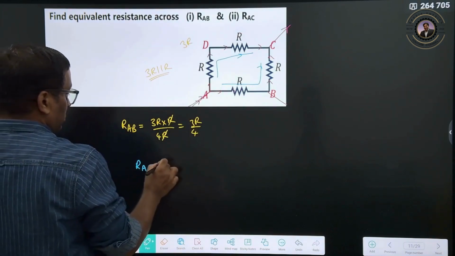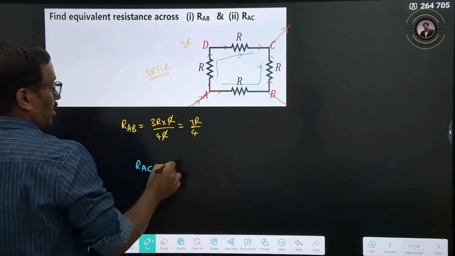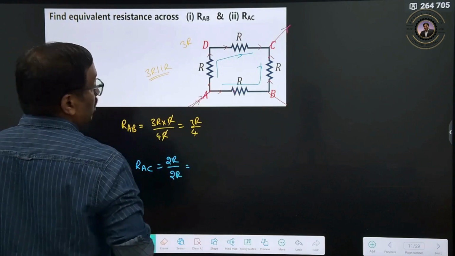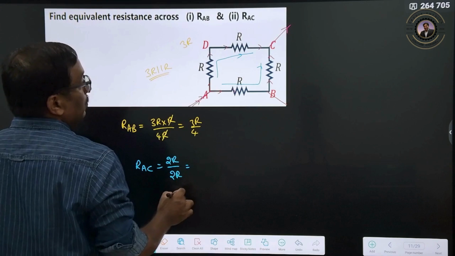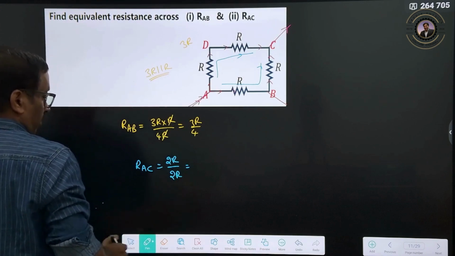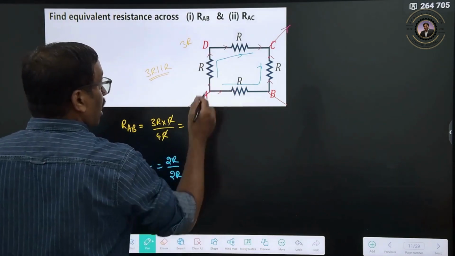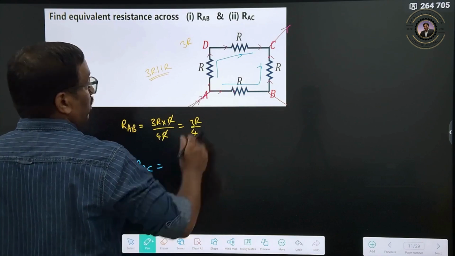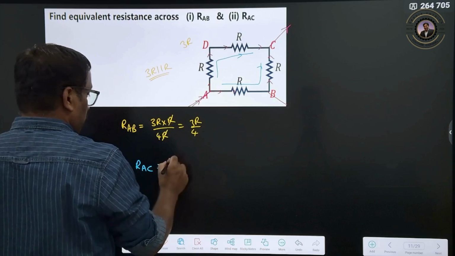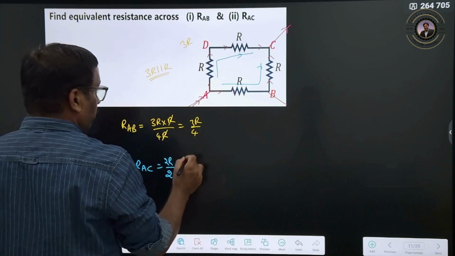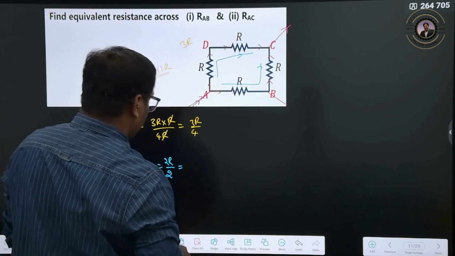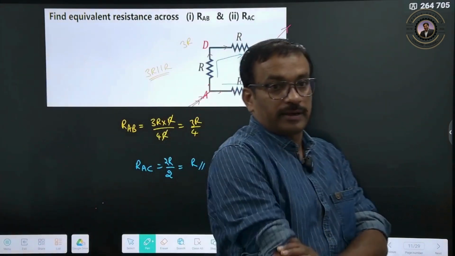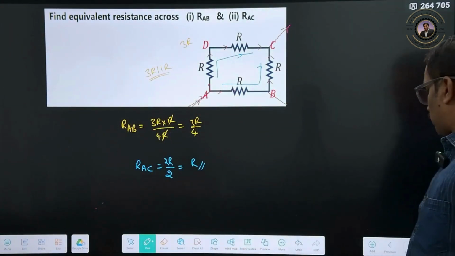So for RAC, the two in series means 2R and 2R, so 2R by 2, because both are identical, it will be R, your equivalent resistance. Clear? Right. So now we'll go for another question.